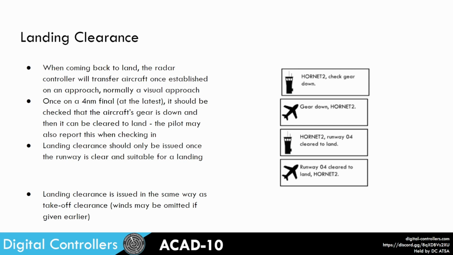This is only required if they do not have fixed gear or skids, and should typically be reported by the pilot, but if it isn't, then you would prompt them for it. So in this case, Hornet 2 check gear down, report gear down, and then you clear them to land.